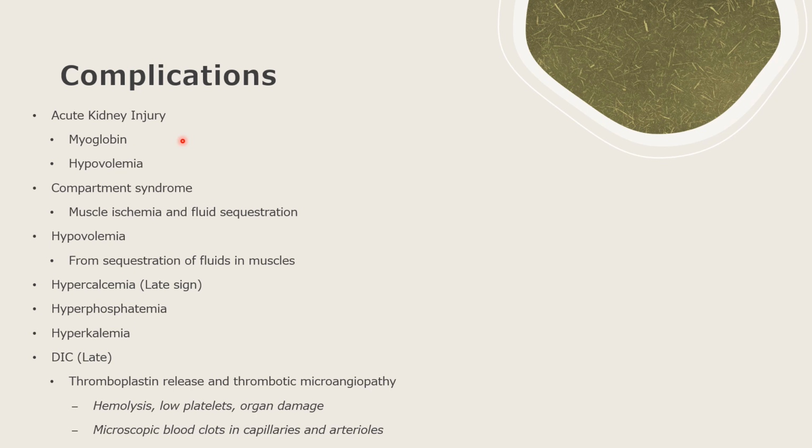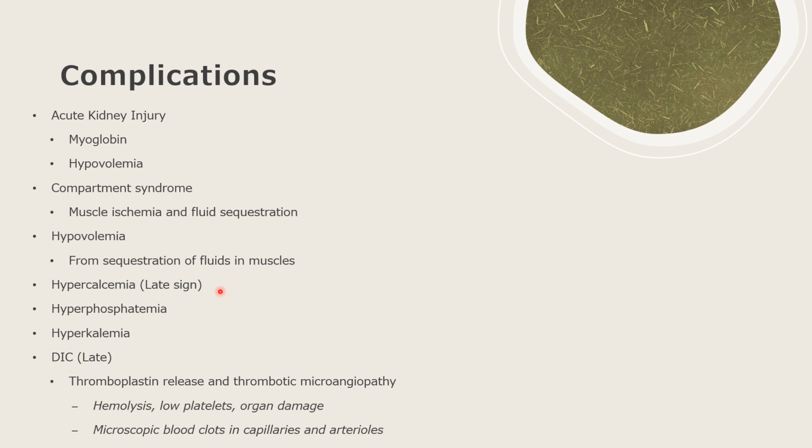We're going to have fluid leaving the muscle cells and causing inflammation around them, which is going to compress our veins and arteries and worsen our ischemia. Again, hypovolemia, because we have that massive fluid shift, or we're going to be third spacing.